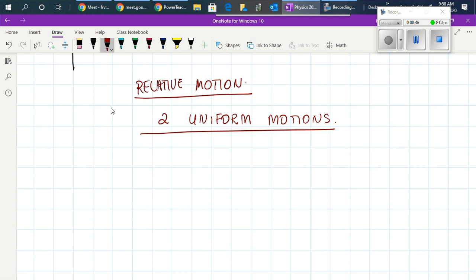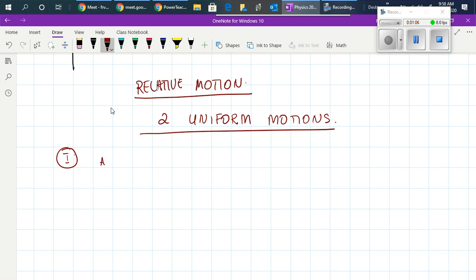There are, let's say, three types of relative motion. The first one is when we have a group of people or objects that are doing a uniform motion in one direction.